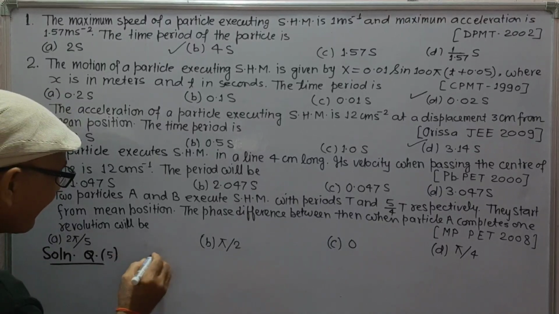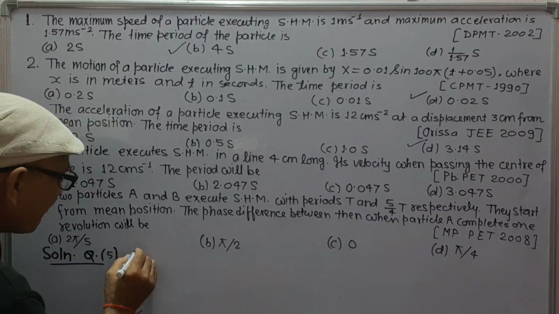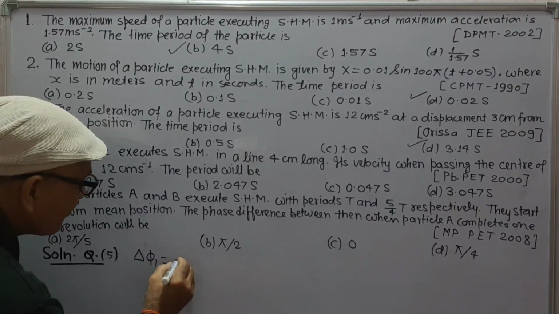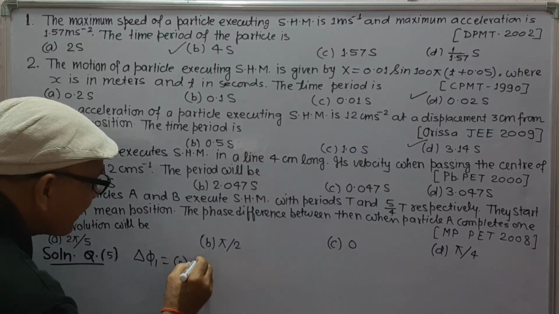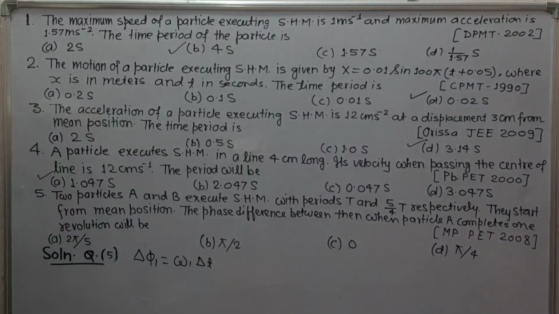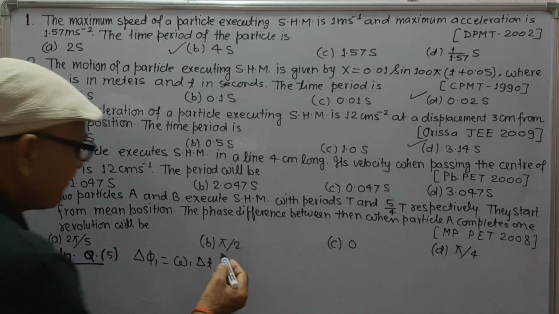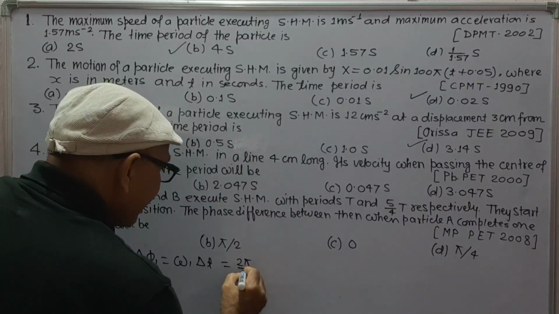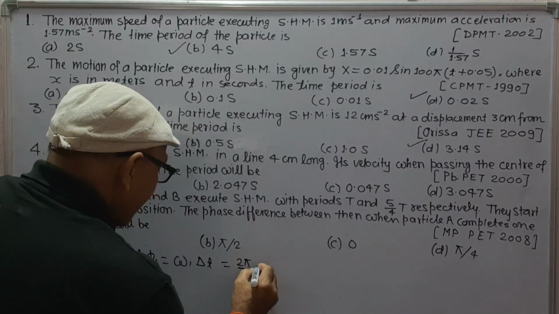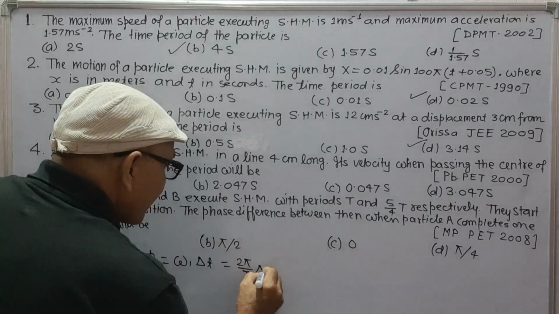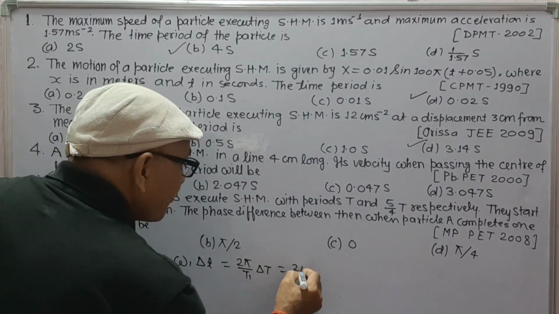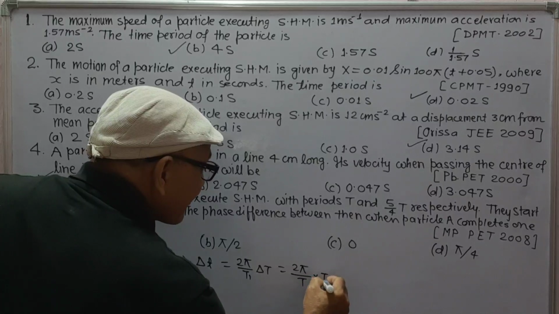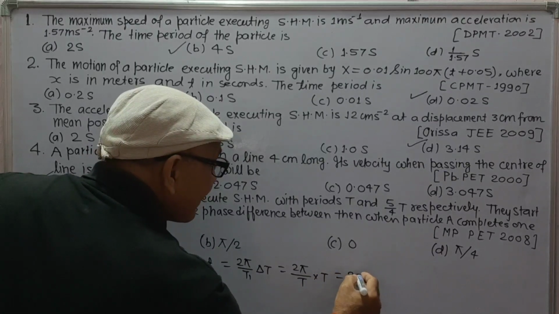Here, for first particle A, delta phi 1 will be equal to omega 1 delta t. Delta t is the time period of particle A. So, it is 2 pi upon T1 into delta t. This is 2 pi upon T1 is T and delta t is also T. So, it is 2 pi radian.